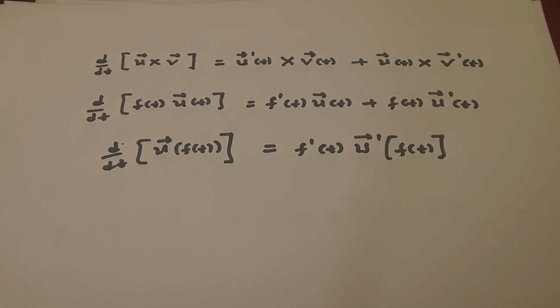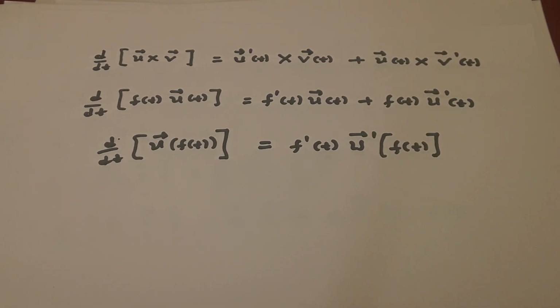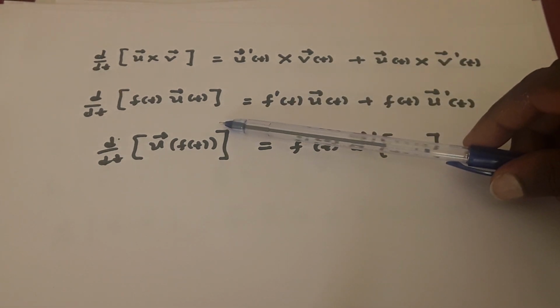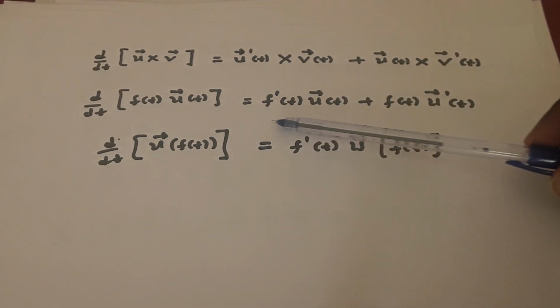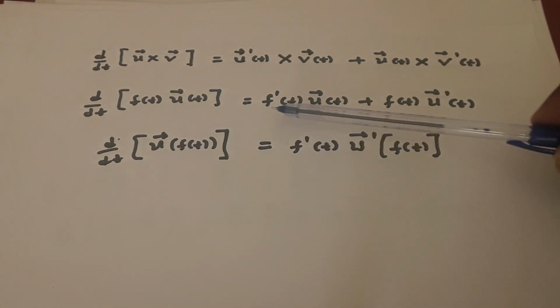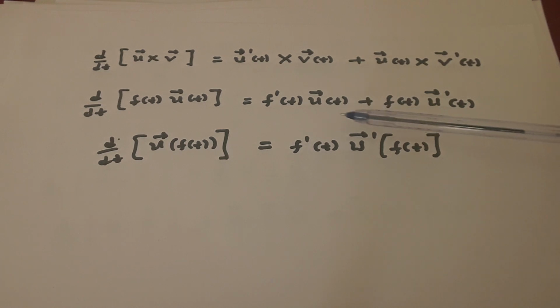d/dt of u cross v is u cross the derivative of v, plus the derivative of u cross v. Again, d/dt of f(t) u(t), where f(t) is a scalar valued function, you can use it like the ordinary product rule: f' u plus f u'.